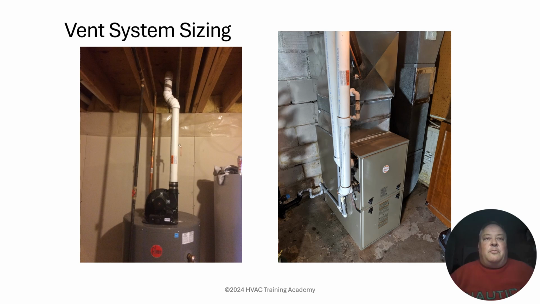You can see the power-vented water heater here on the left, again sidewall vented using 636 vent pipe, and the high-efficiency direct vent or sealed combustion furnace on the right, again using that 636 venting material to direct vent out the sidewall of the house.